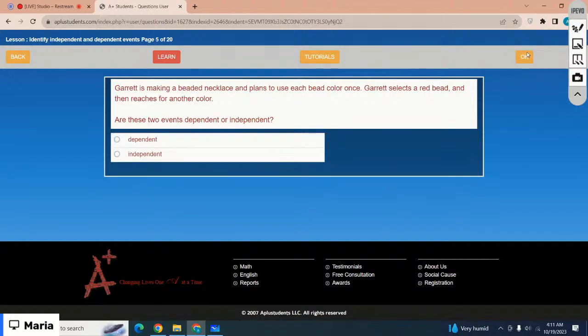Garrett is making a beaded necklace and plans to use each bead color once. Garrett selects a red bead and then reaches for another color. Are these two events independent or dependent?